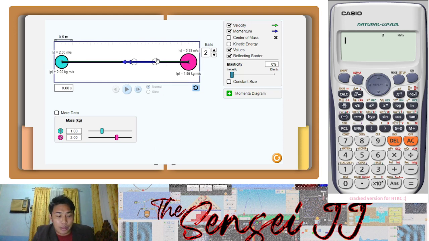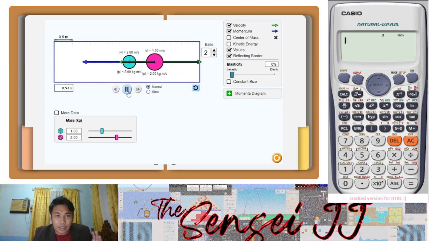So what will happen? There are two things that can happen. This is what will happen if the two objects bump into each other, or those two objects collided.